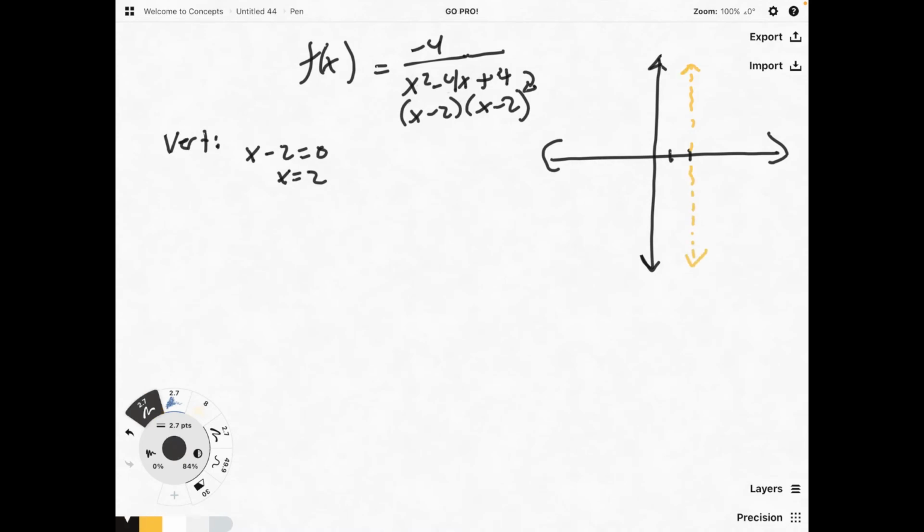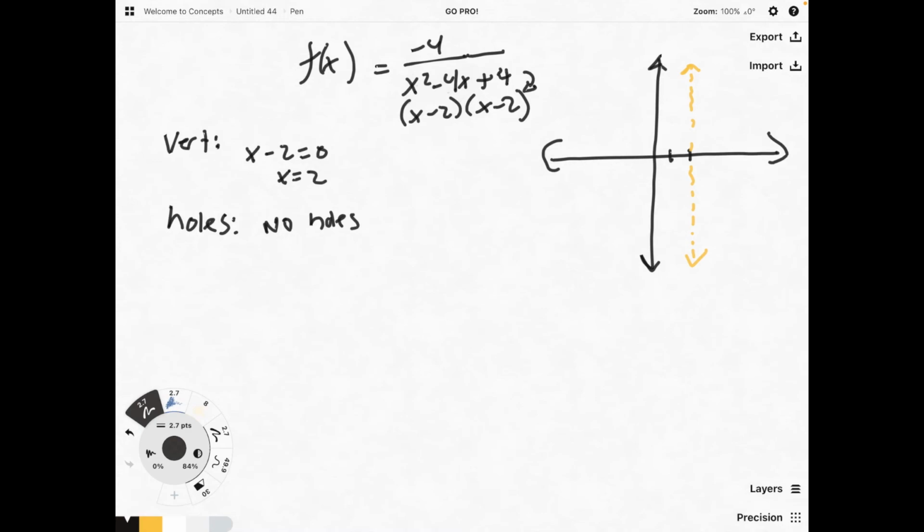Now we are going to look for holes in the graph. We do not have any factors that are in both the numerator and the denominator. Therefore, there is no factor that cancels out, and therefore we have no holes in this problem.